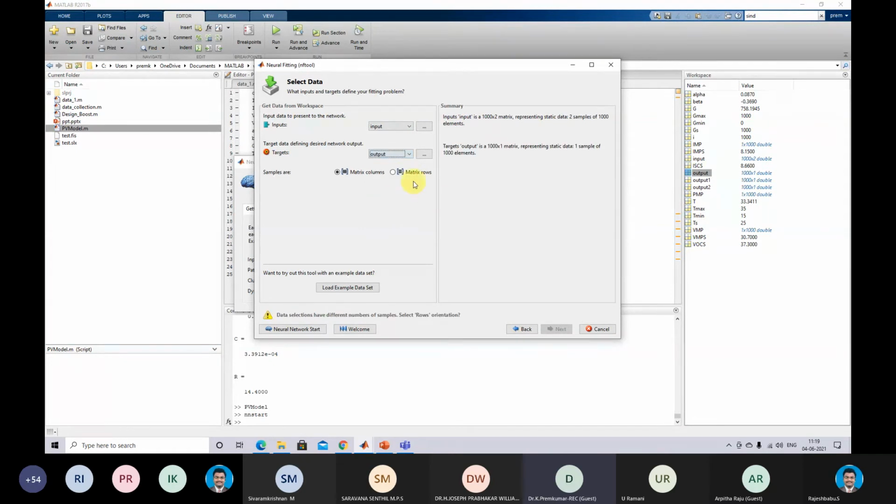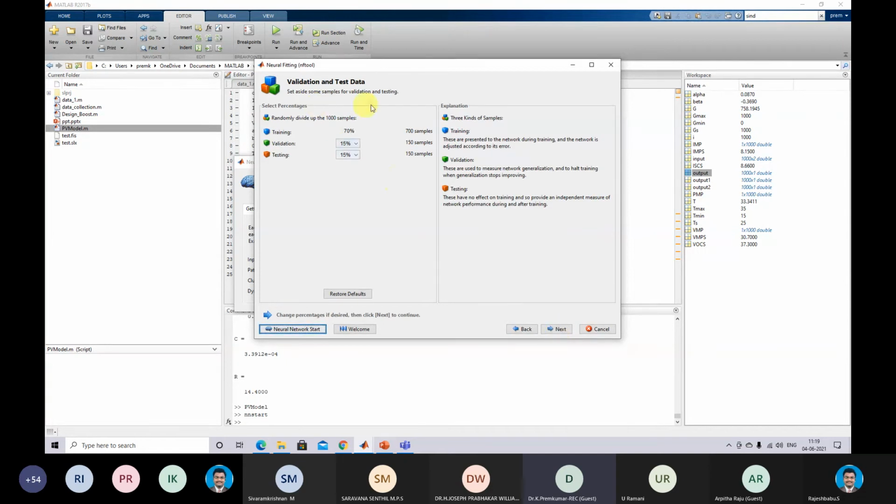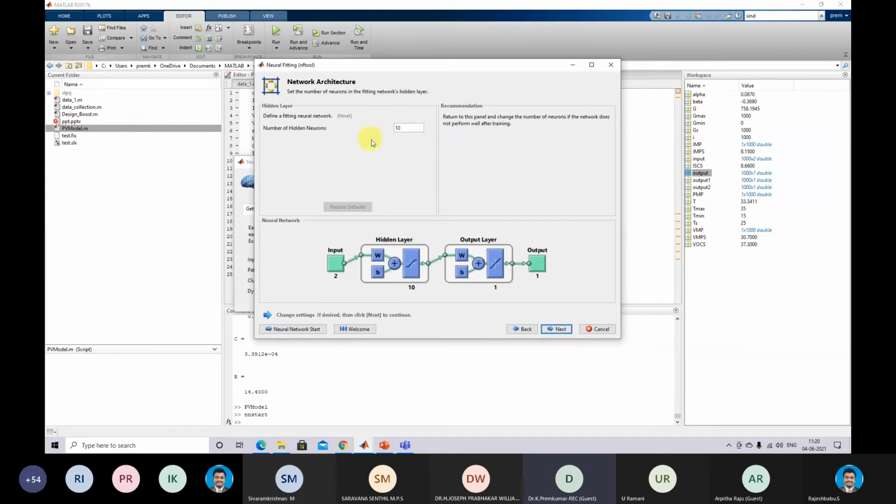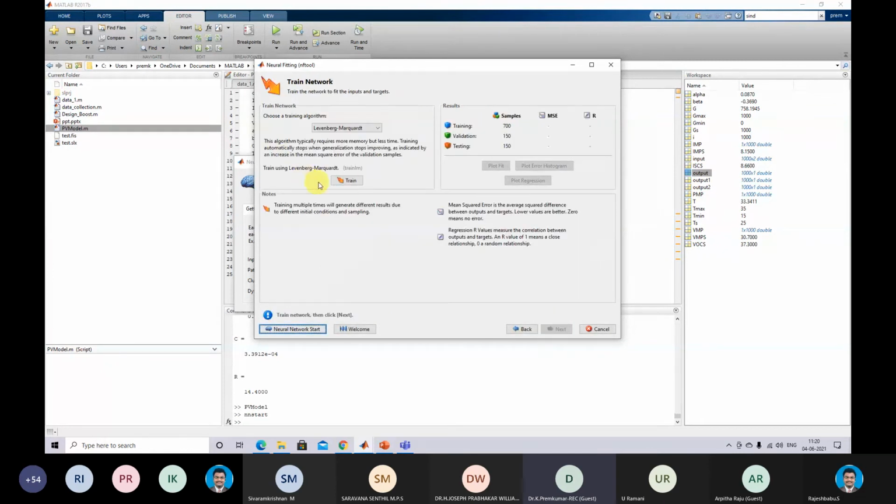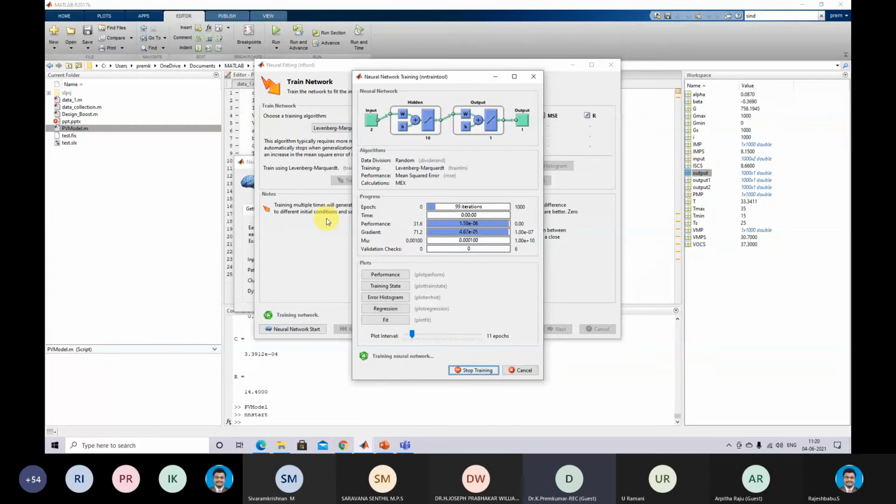So this is target, and click the matrix row option. Now click next, and here, as already discussed, the number of samples given for training, testing and validation. Click next. Here you fix the number of neurons. I'm going to take the same neurons and then click train now.